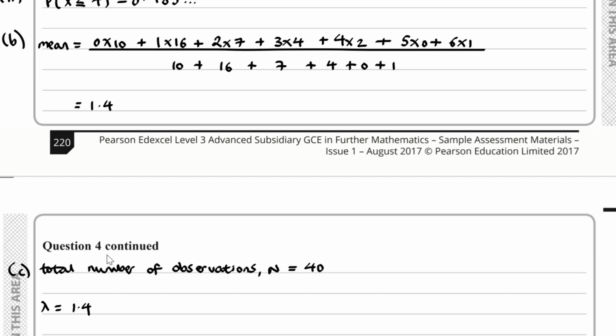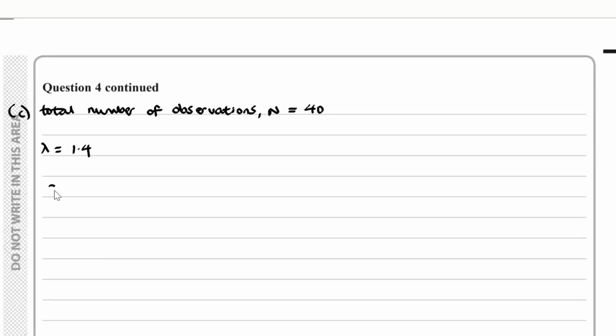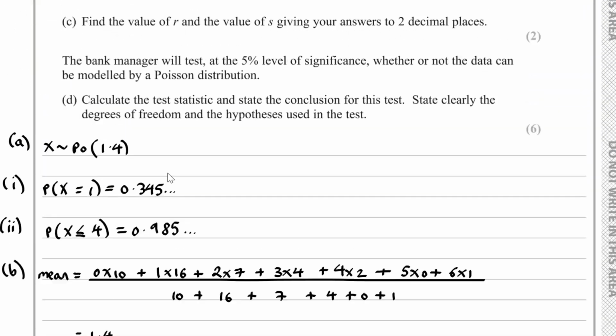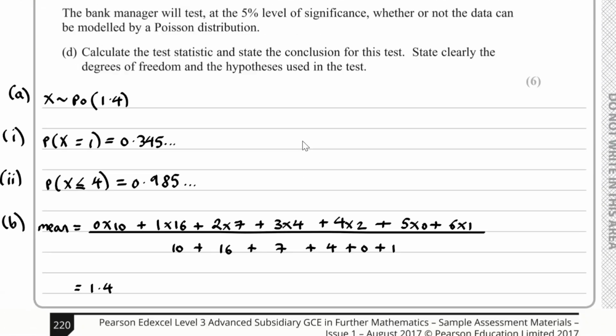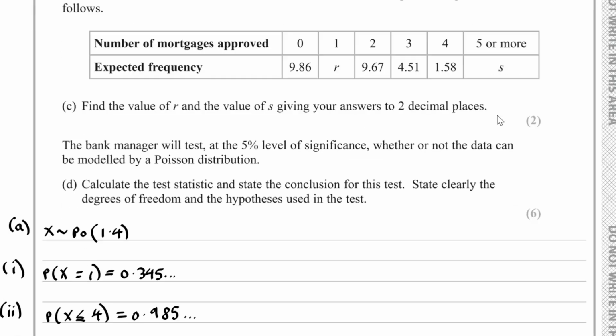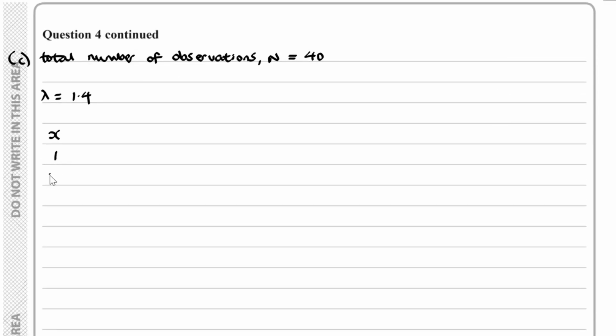So what we can now do is create a table. We've got our x values, which is the number of mortgages approved. So we have 0, 1, 2, 3, 4, and then 5 or more. And then we can find out our frequency.